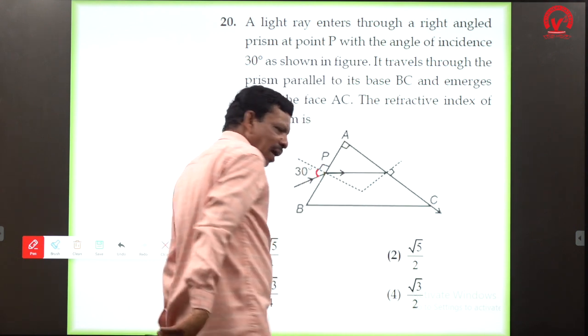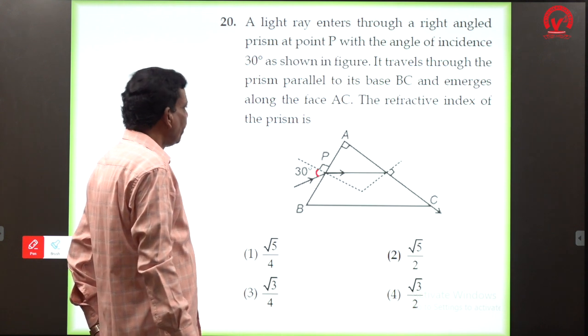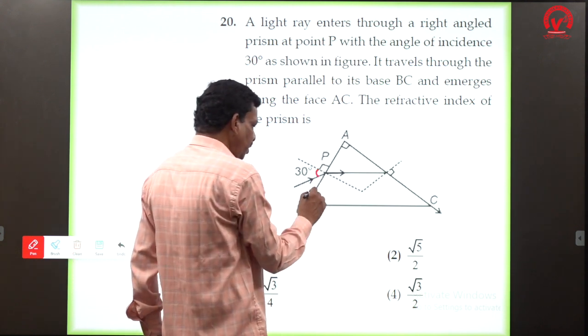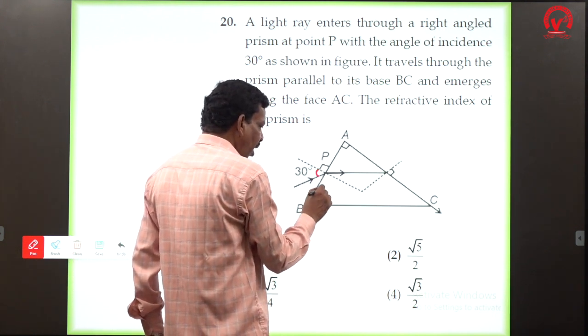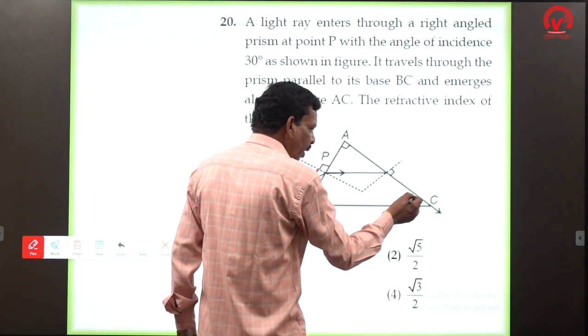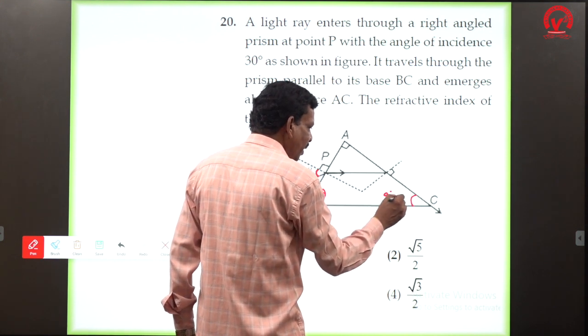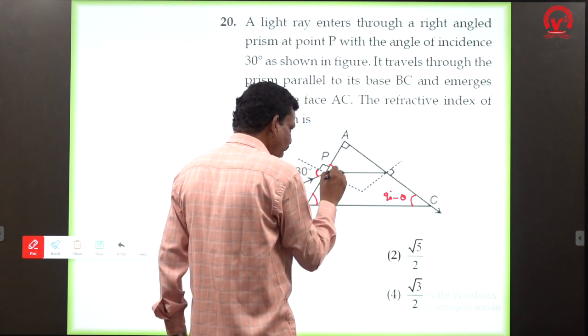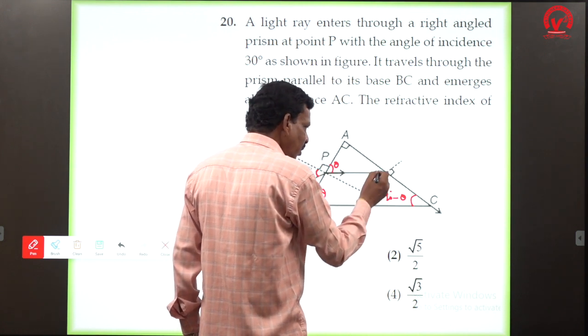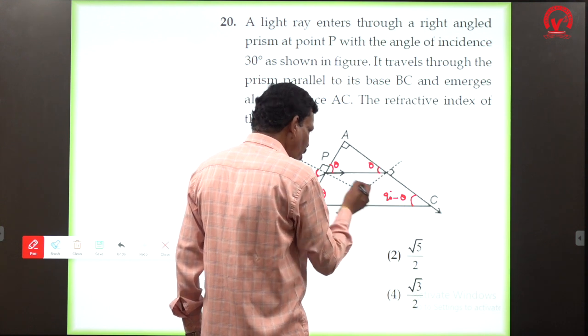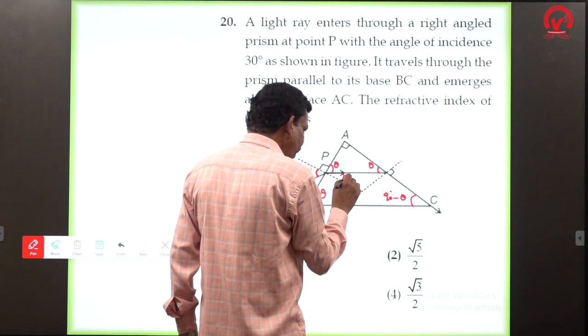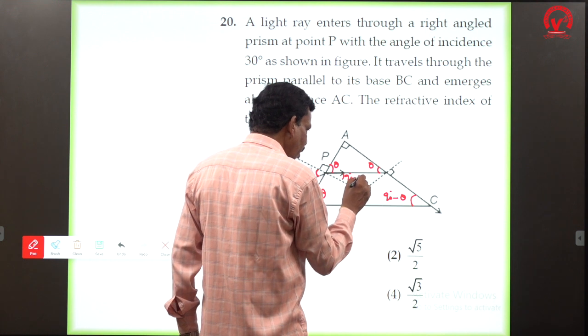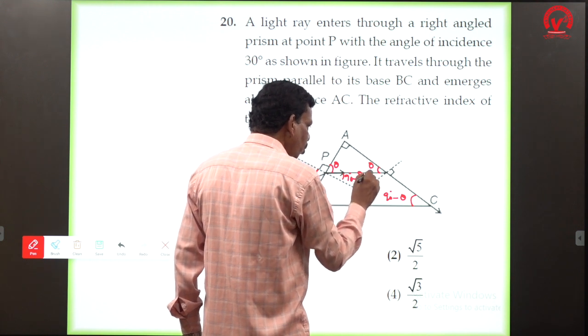They given a right angle prism. Here 90 degrees. Say here theta, you assume. Here we have 90 minus theta. Here theta, since both are parallel. Here also theta. Here 90 minus theta.